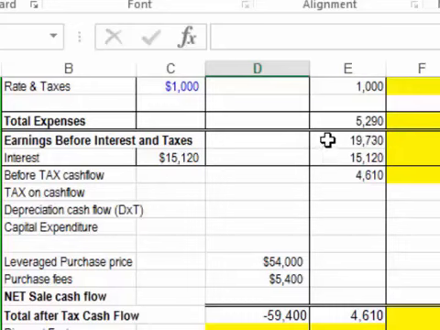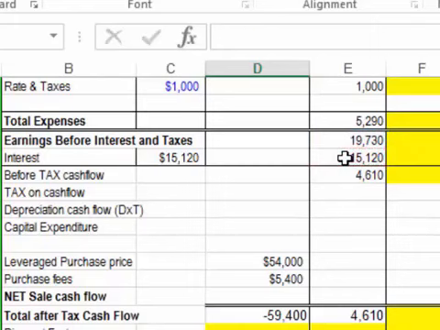In this case, we've got earnings before interest and taxes of $19,730, and we've got an interest cost of $15,000, so we simply divide the 19,000 by the 15,000. Let's look at doing that.